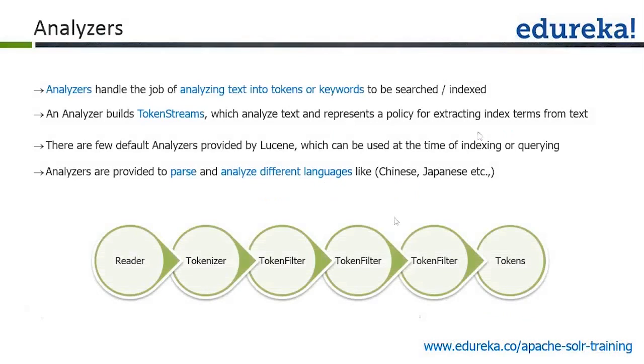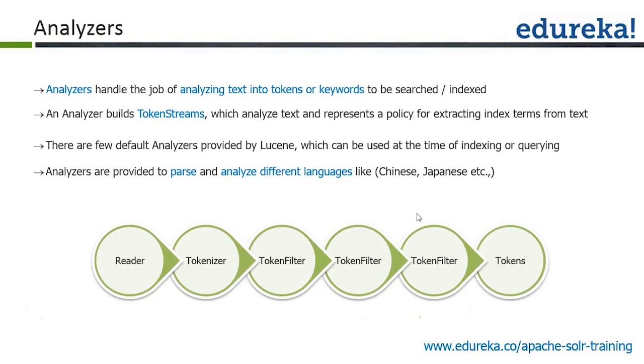So let's quickly jump on to the analyzers part of it. An analyzer is the initial step in our indexing or search process flow. Yesterday we had seen the system flow, right? Once we acquire the content, we build the document. What was the next step, which is the first step in the analyzer?